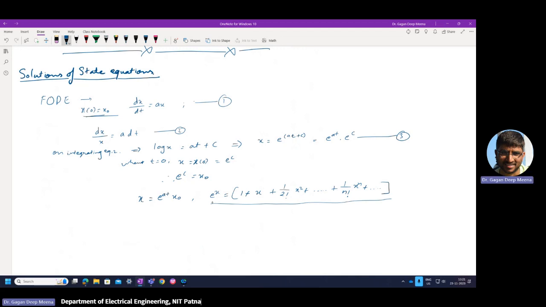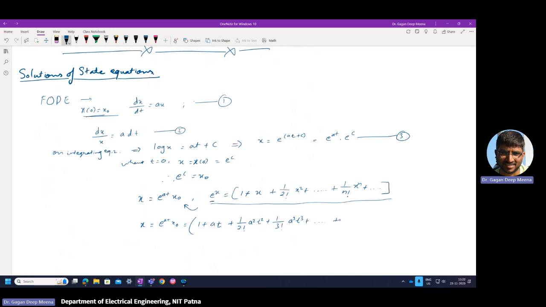We will use this information for this equation and rewrite it again. So x can be rewritten as e to the power a t times x0, where e to the power a t is 1 plus a t plus 1 by 2 factorial a square t square plus 1 by 3 factorial a cube t cube, and this can go on and on.